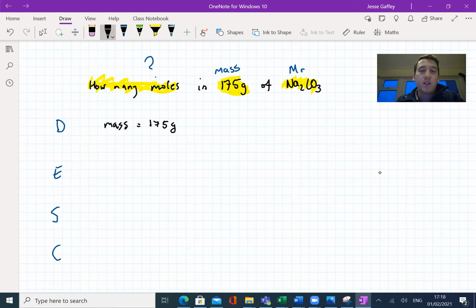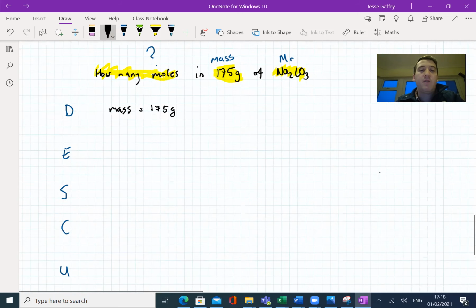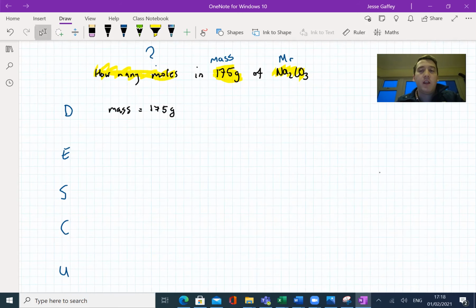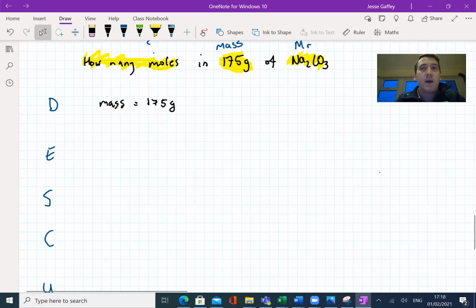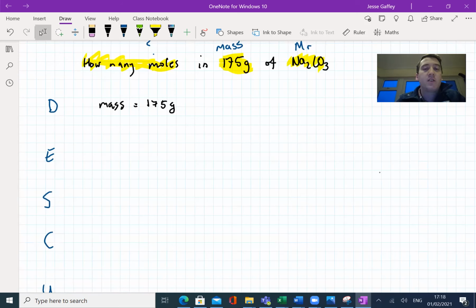So if you follow this method every time, it works. And the great thing about this method is, if you're doing any other equation, like distance, speed, and time in maths or physics, you can just change the equation. The equation line becomes different and you can still use the same method.